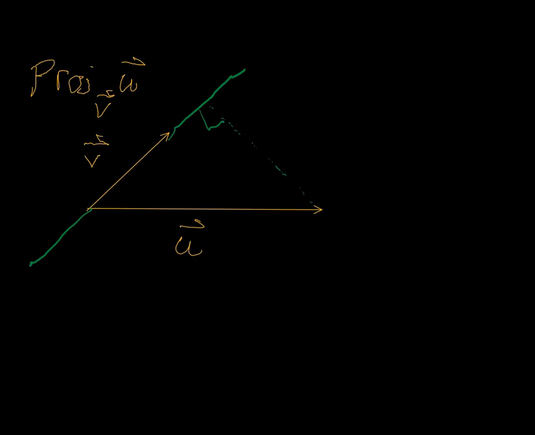Right angle here. Oh, that's a horrible right angle. And the projection of vector u onto vector v starts here, and it goes all the way till we get to that perpendicular point.